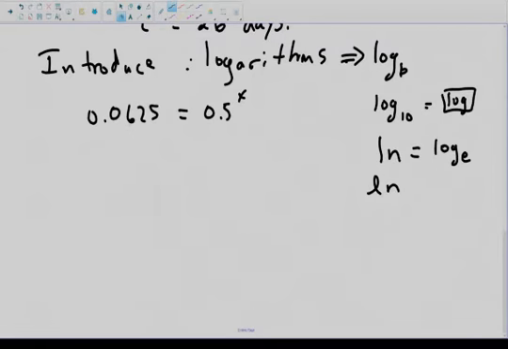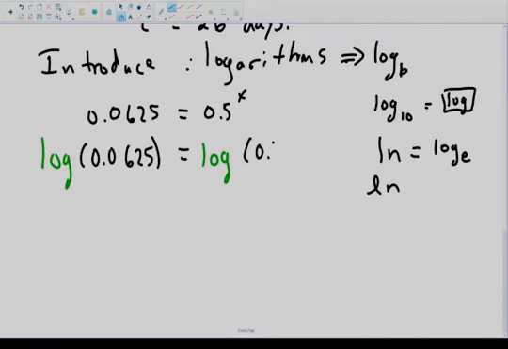If you needed to calculate this without trial and error, and this one worked out nice because we got a really nice answer of 4, but if I had changed this number to anything else, it would be a little bit harder to do. If I put a log base 10 in front of both sides, like so.